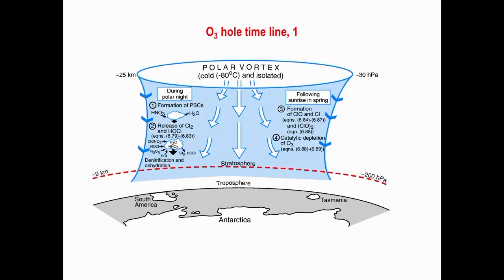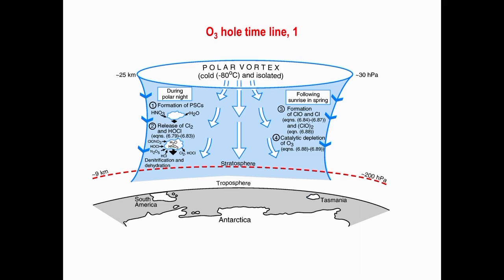Right, okay, so these are just illustrations of the timeline, just reinforcing and emphasising what I've said. So you're all comfortable with the whole of the ozone destruction story in the stratosphere.